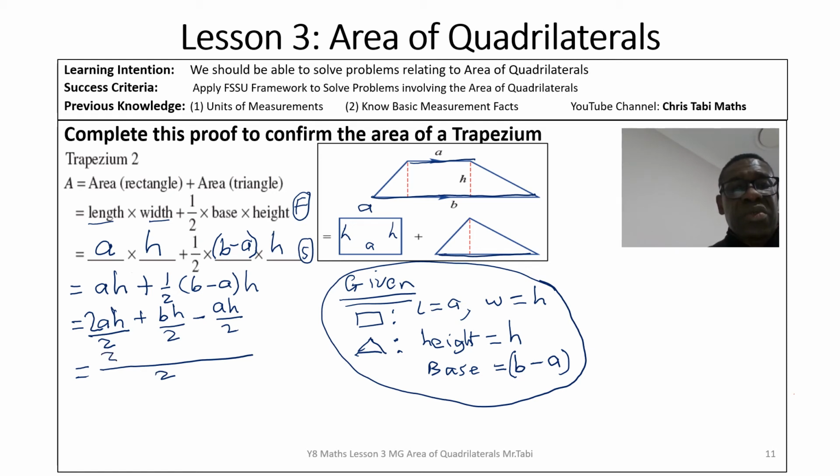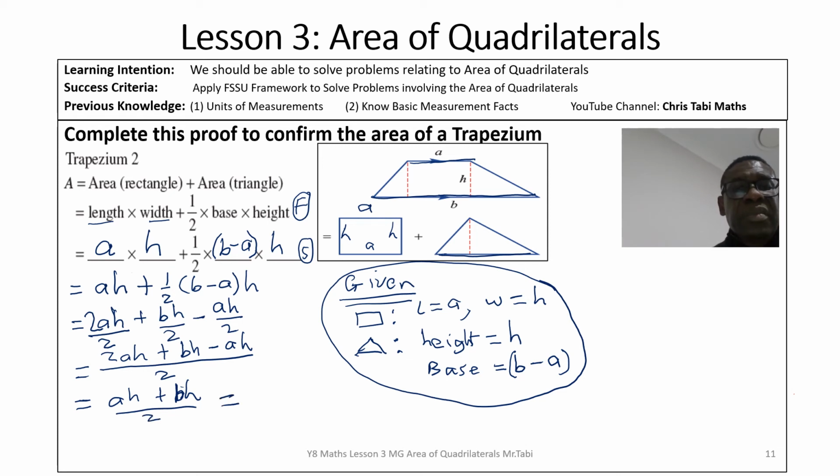We've got 2AH plus BH minus, now AH, 2AH minus AH, that gives you AH plus BH over 2.